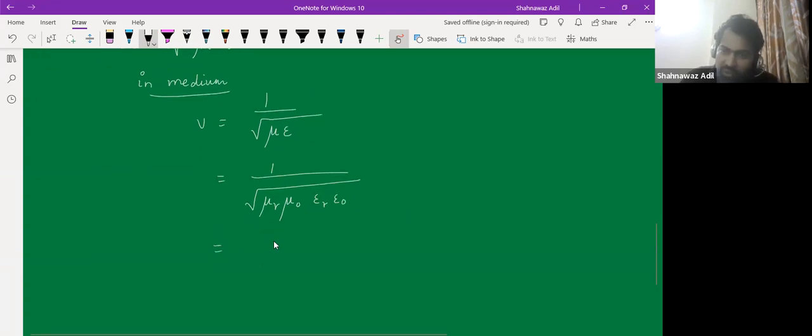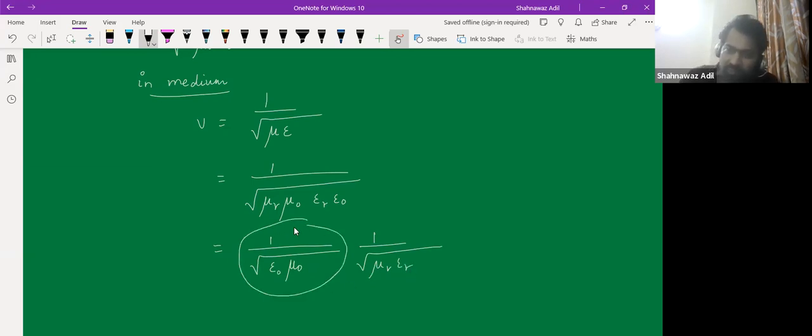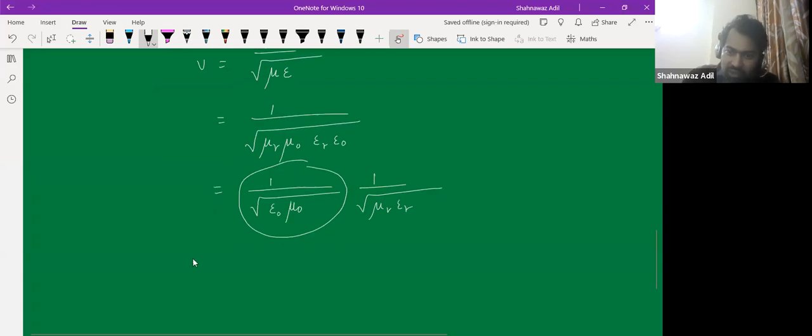This would be 1 by root of epsilon naught mu naught, and 1 by root of mu r epsilon r. So this is v equals c by root of mu r epsilon r.